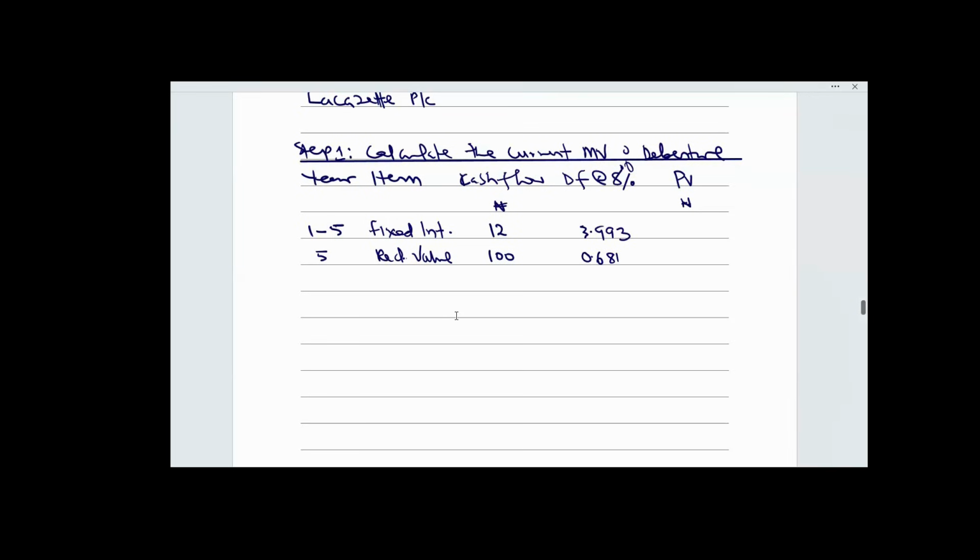So let's multiply to get the present value. Here will be 12 multiplied by 3.993, equals 47.92, rounding to 48. Then 100 multiplied by 0.681, this will be 68. That's it. You then add it up.